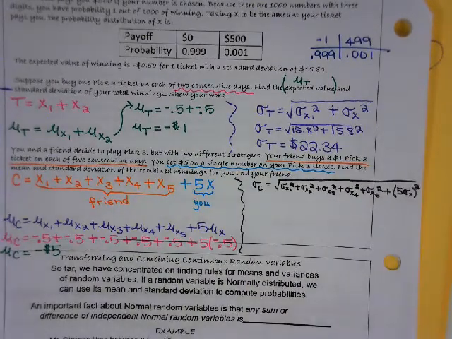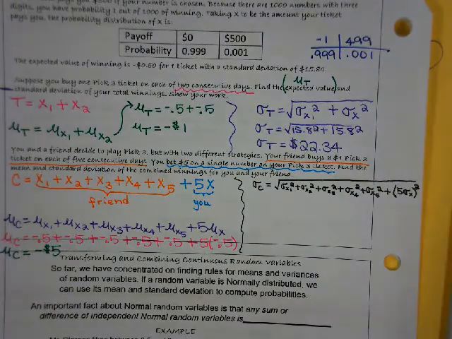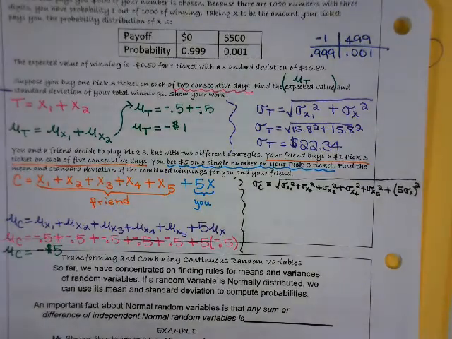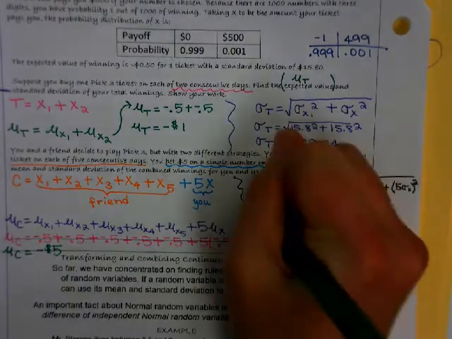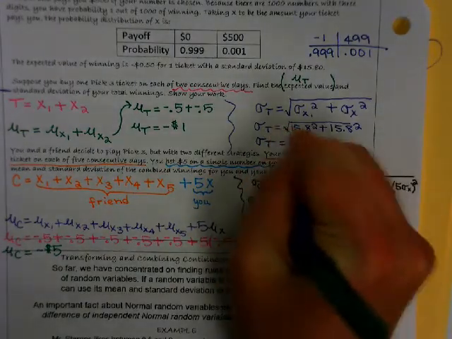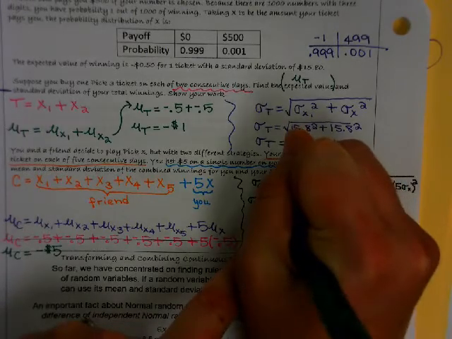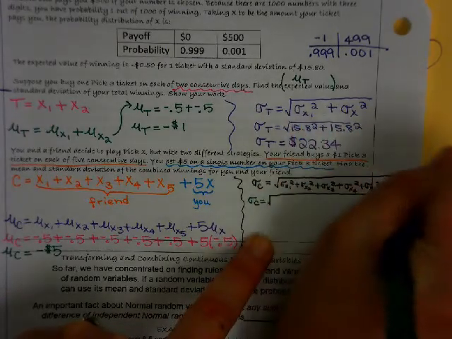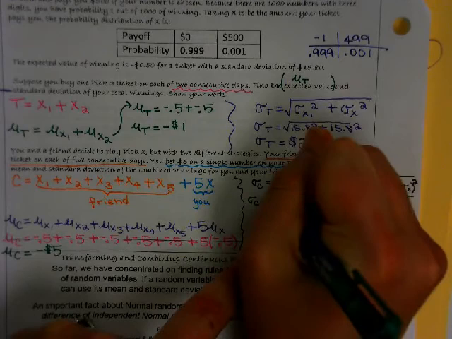So, let's see. I guess I'll write it out. The standard deviation for your friend is just going to be 15.8 squared, and we're going to do that 5 times.